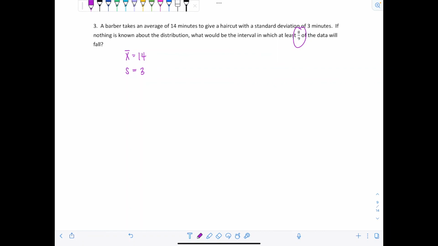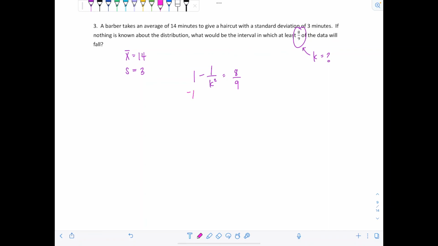So again, I want to know 8/9 of the data is equivalent to how many standard deviations from the mean. So Chebyshev's rule tells us 1 minus 1 over K squared, that proportion of the data, lies within K standard deviations of the mean. So I'm going to set that equal to 8/9.